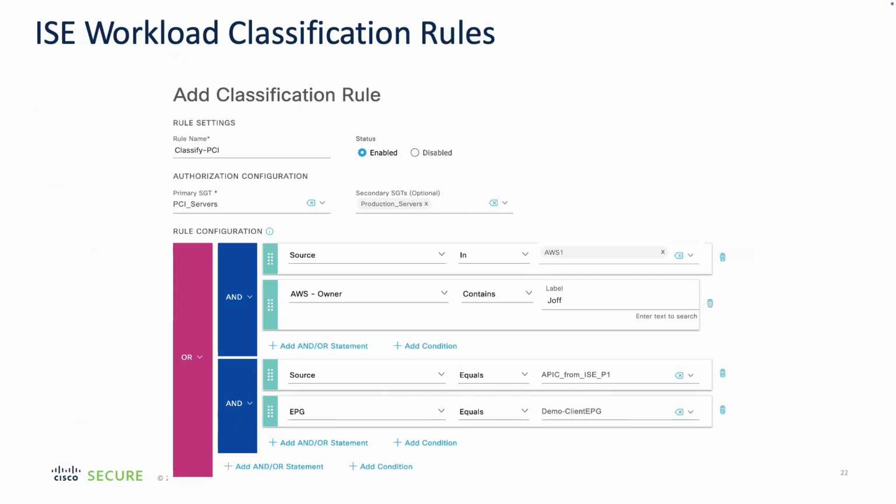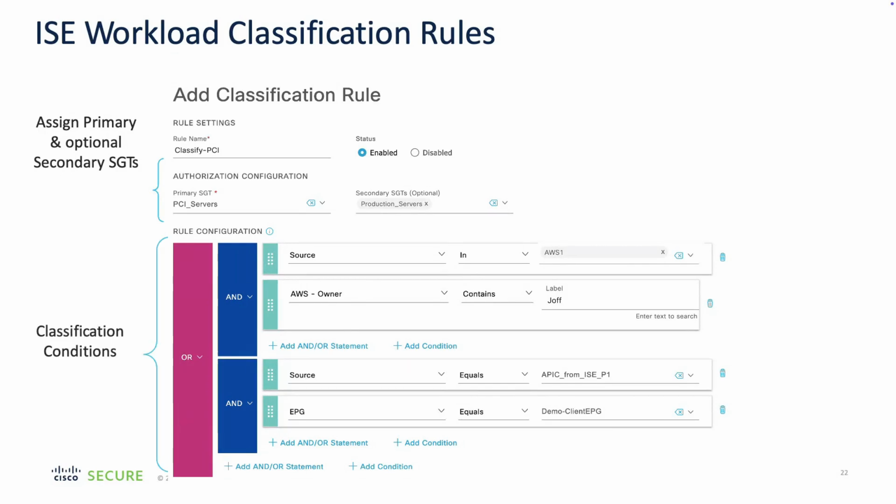So classification rules then. We obviously have a name of a classification rule, and from this rule we want to assign a primary SGT. In this example here, I've got PCI servers, and optionally you can assign a secondary SGT. And these are our conditions.